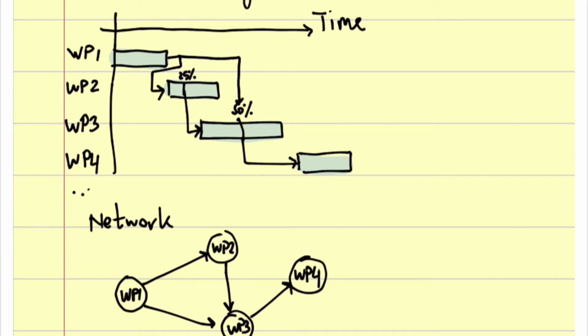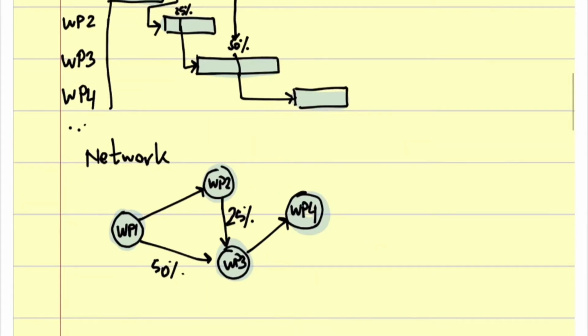Okay? And these two graphs have the same information. Between 2 and 3 we say 25%, and 1 to 3 is 50%. So these two graphics have the same information.